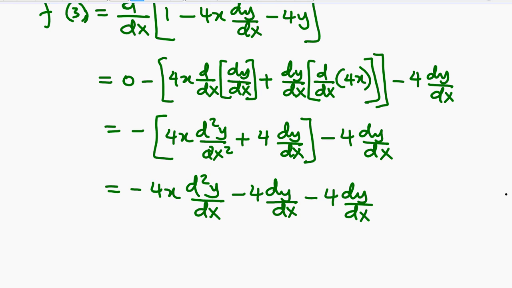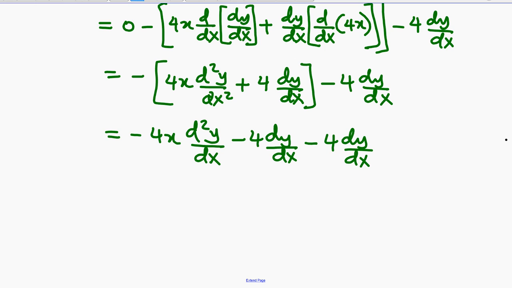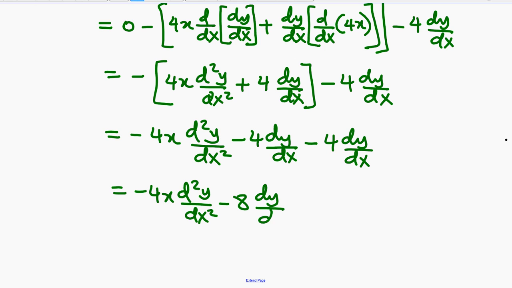All right, so this will give us negative 4x d2y over dx2. And then you can collect the like terms, 8 dy over dx.